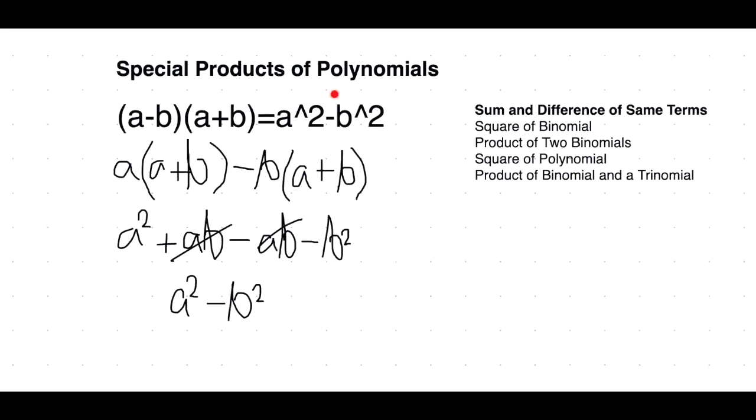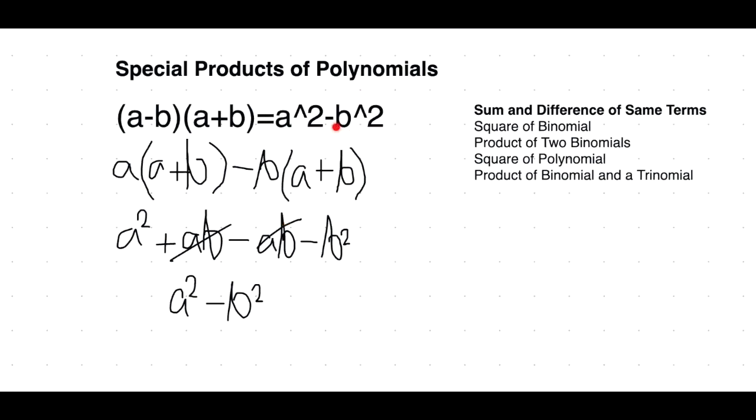Okay, so that is how this special product works. If the given brackets are a minus b times a plus b, or even if it's just rearranged the other way around, where it's a plus b multiplied by a minus b, the product will be a squared minus b squared. So let's apply this to an example.